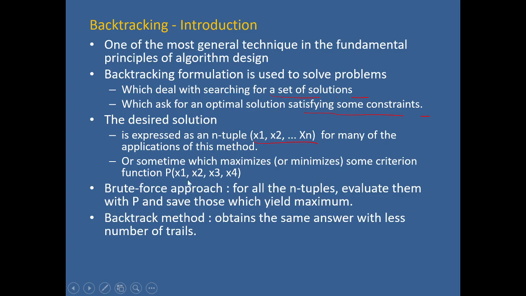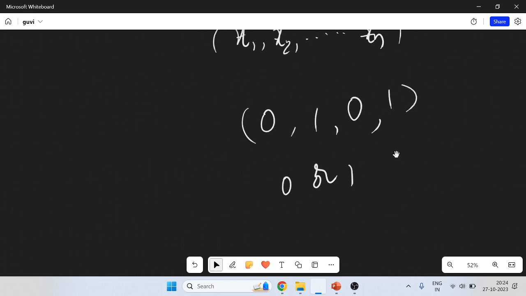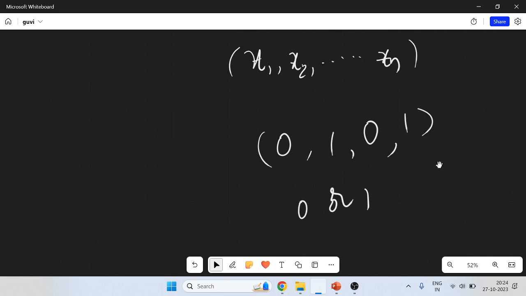For example, suppose in your problem you were asked for a solution which has four numbers, and the allowed numbers are either 0 or 1. Then the answer tuple may look in this way. What are the various possible alternatives you will have?